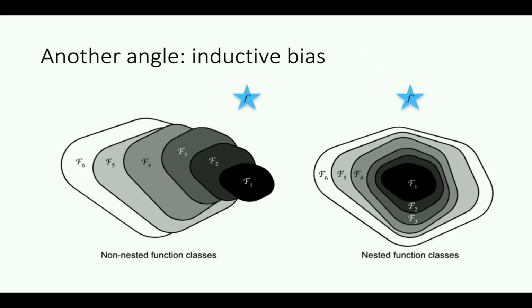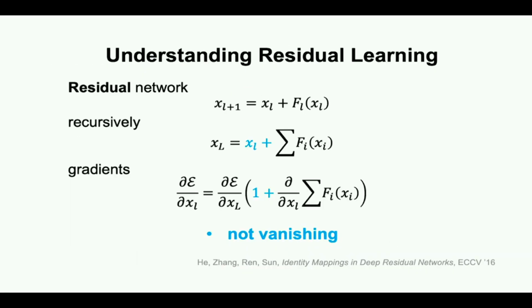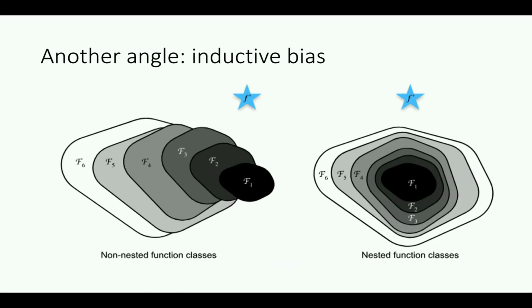But I found this very interesting interpretation from another angle, besides just vanishing gradients. It's about putting the right inductive bias into the function space. It's not exactly what's happening in the residual net, but you can think of two classes of functions. For the first class, you can increase the capacity of your function class by stacking more layers.